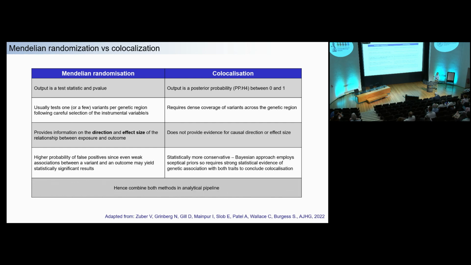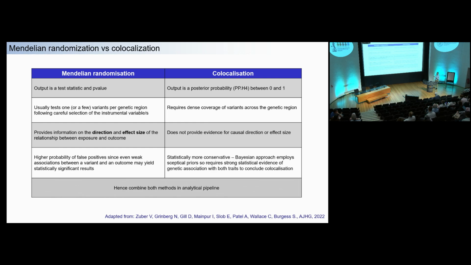Importantly, though, MR will provide us with information on the direction and the effect size of the relationship between the exposure and the outcome. And so that information gives us the therapeutic strategy that we need to adopt to mitigate disease risk, whereas co-localization doesn't provide this information.